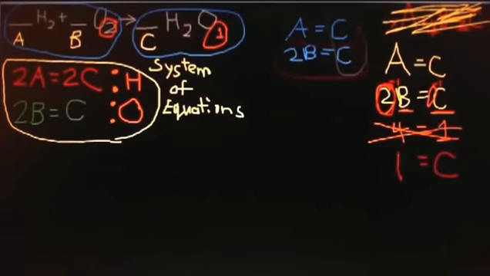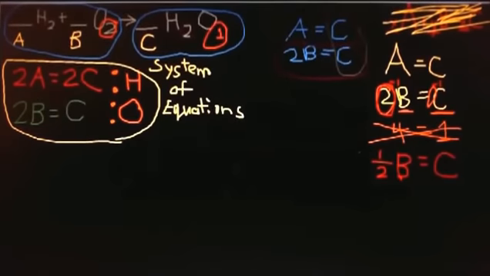And now b, you have 1 over 2b equals c. Well, we can't exactly have half a term. That's like splitting an atom in half. Unless you had nuclear physics, you can't do that, and we're not there yet. So for these purposes in this level, you have to get them all to whole numbers.